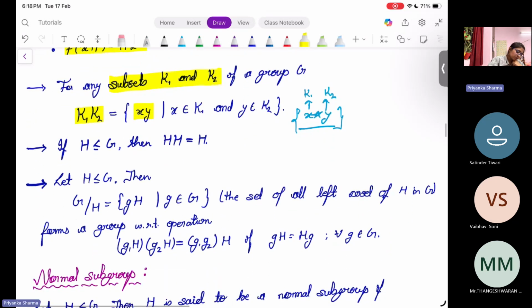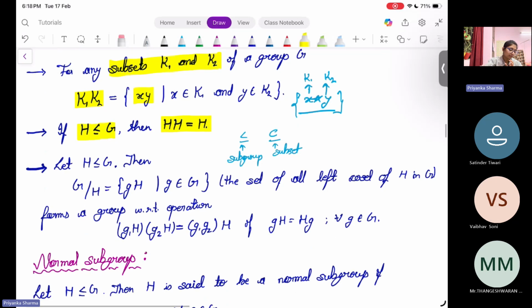Now this is for subsets. What if we have a subgroup? This is the notation for a subgroup and this is the notation for a subset. If H is a subgroup of G, then HH will be H itself.